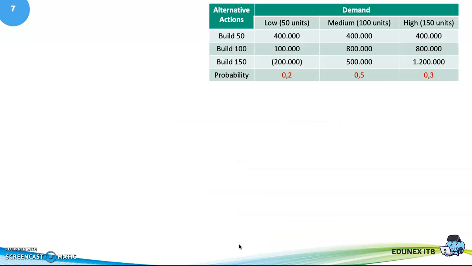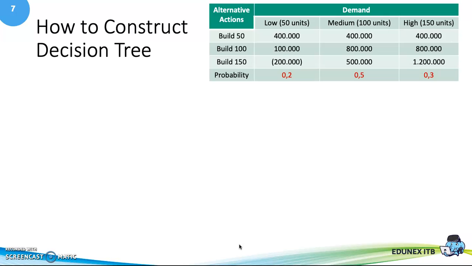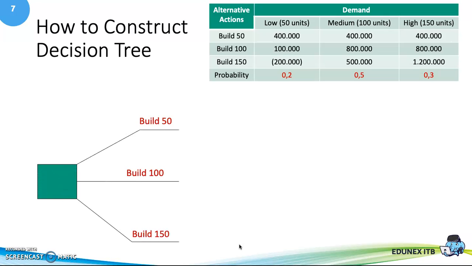How do we construct the decision tree from the payoff table or the decision table? The first step is to figure out the alternatives of action. We draw the decision node with the square, and then you come up with three alternatives: whether you want to build 50 units of houses, 100 units, or 150 units.